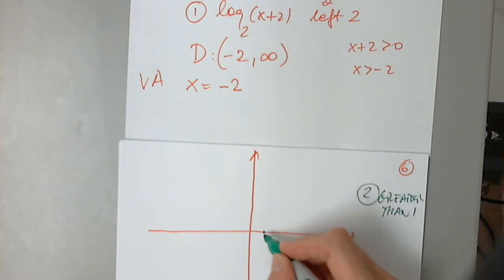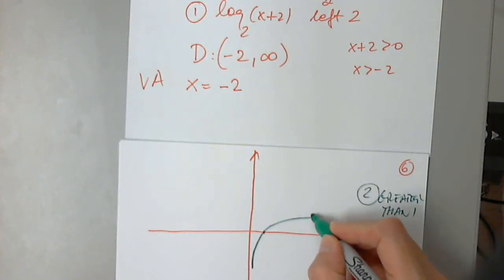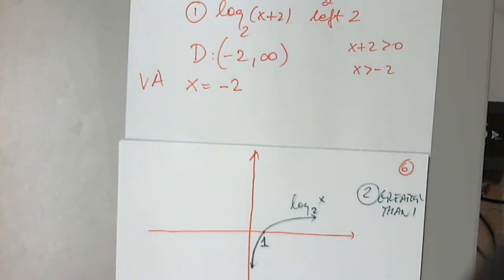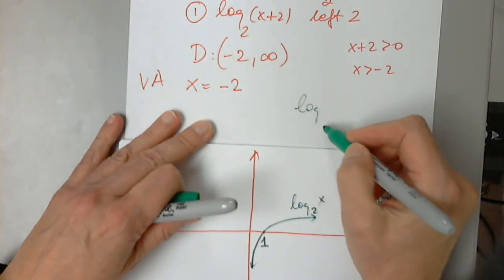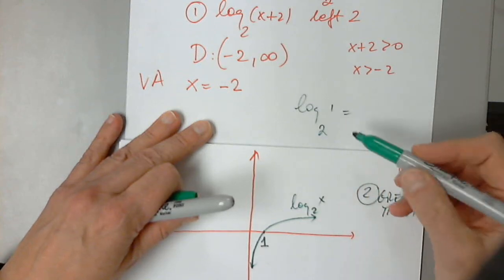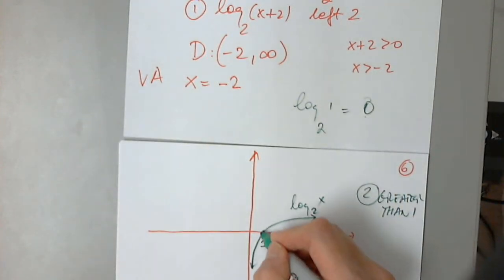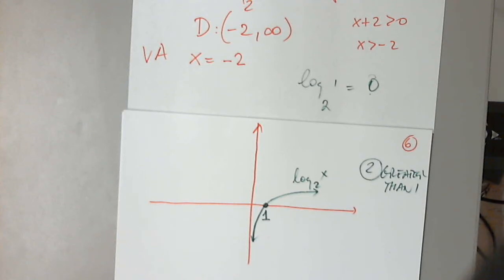Any pure log function must cross at 1, because we know log in any base of 1 is, let's say we forgot. Log base 2 of 1: 2 raised to which power is 1? That's why all pure log functions must pass through the point (1, 0).